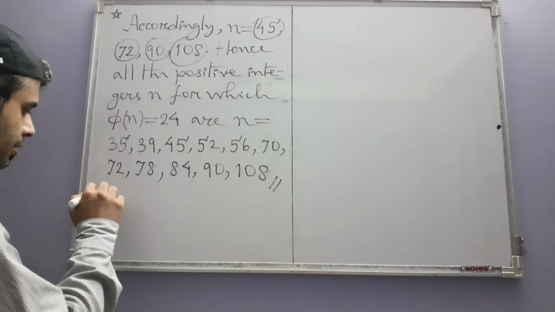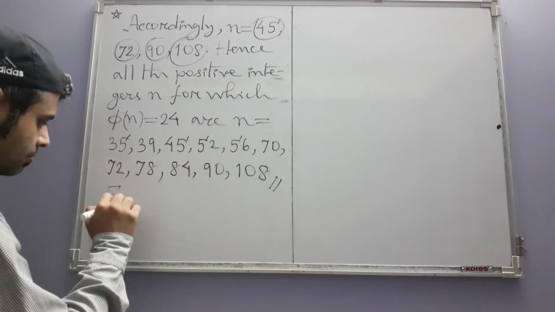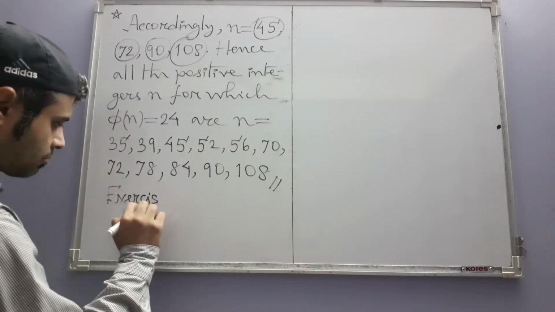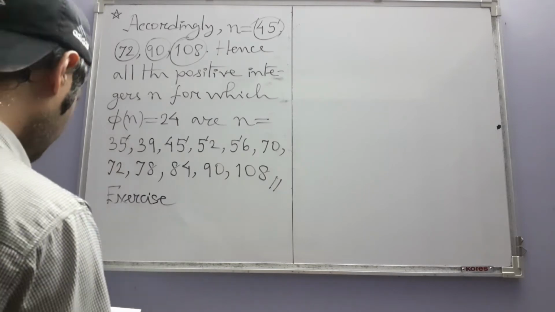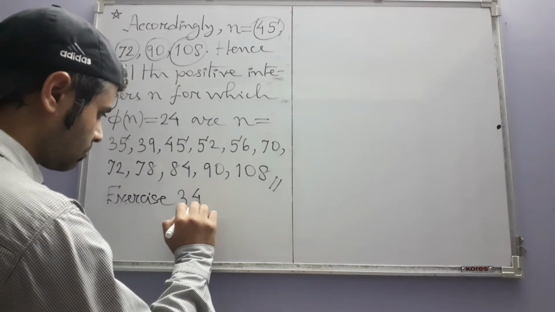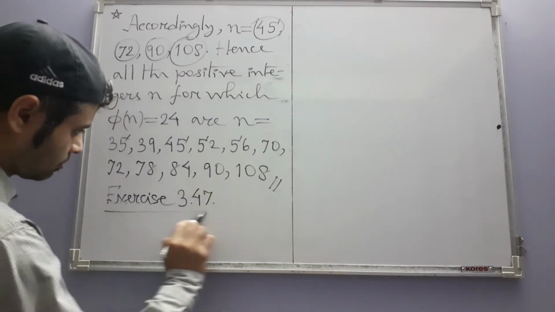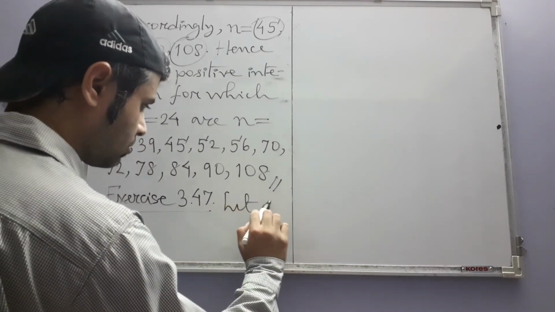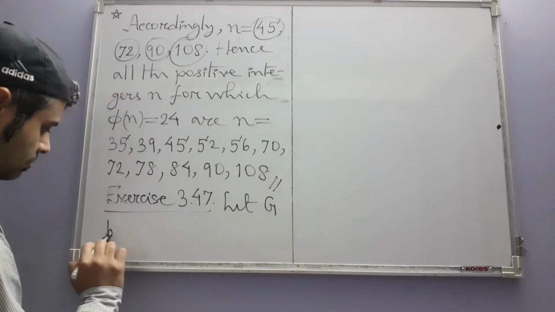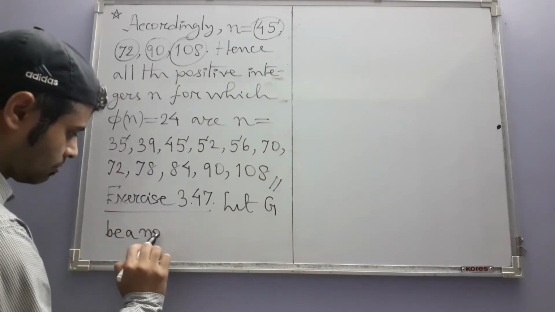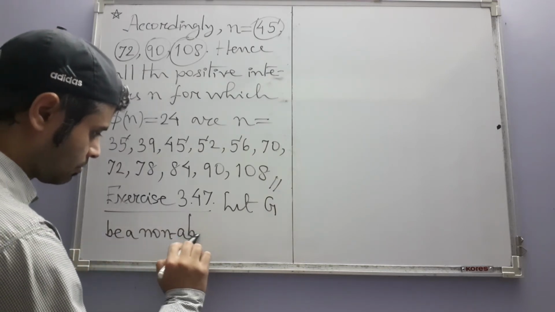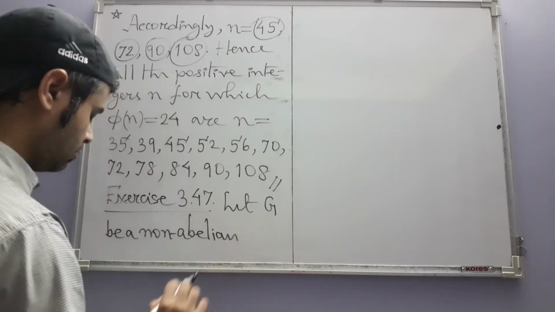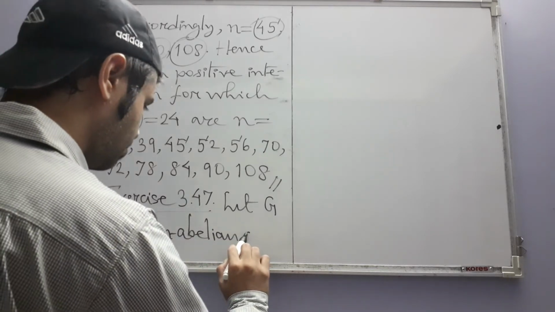Let us now see the next one. Let G be a non-abelian group.